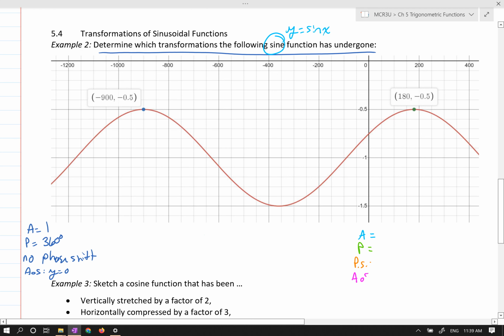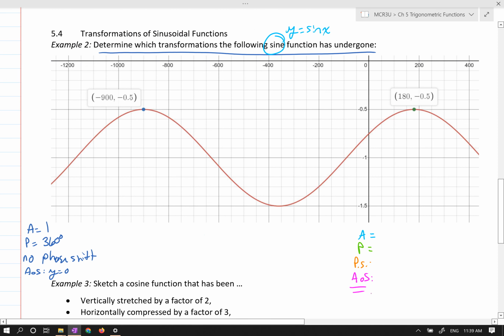So, we already discussed yesterday, we practiced this, you might find it easiest to start off with your axis of symmetry. So, if I look at this function, all right, well, I know the maximum here is at negative 0.5. I know the minimum here is at negative 1.5. Halfway between those is going to be my axis of symmetry. So you could add those up, divide them by 2.